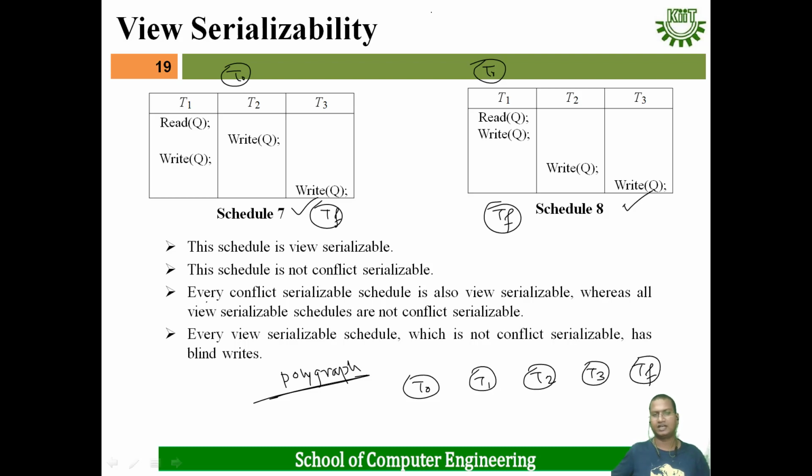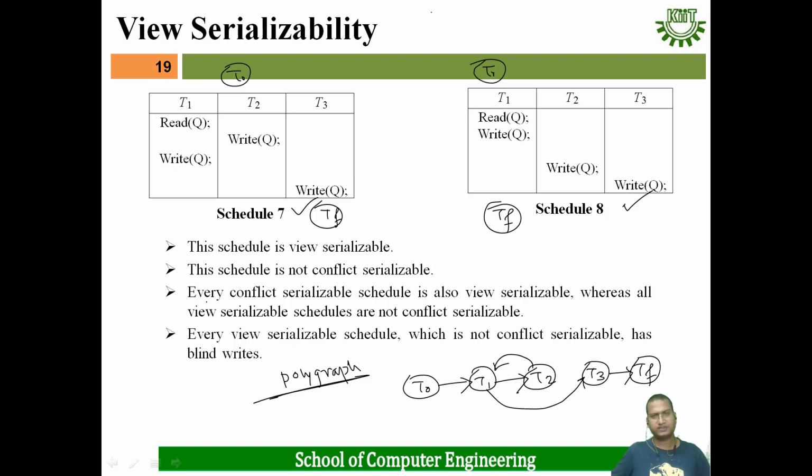T0 writes all the data items and that is first read by T1, and T3 writes all the data items that are read by TF. From T1, T3 is writing, that means after T1, T3 is writing, so here we have to draw a line. Then from T1, T2 is writing, that means it is reading from here. Then from T2, T1 is there. It is reading from there.